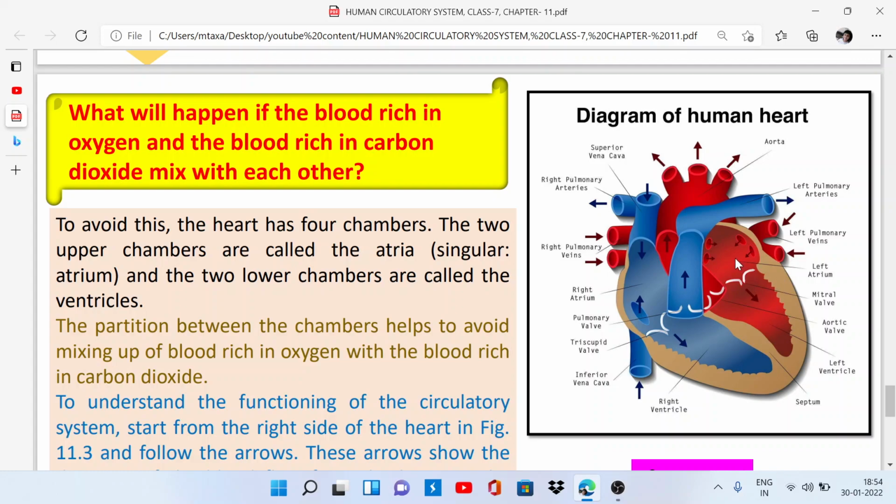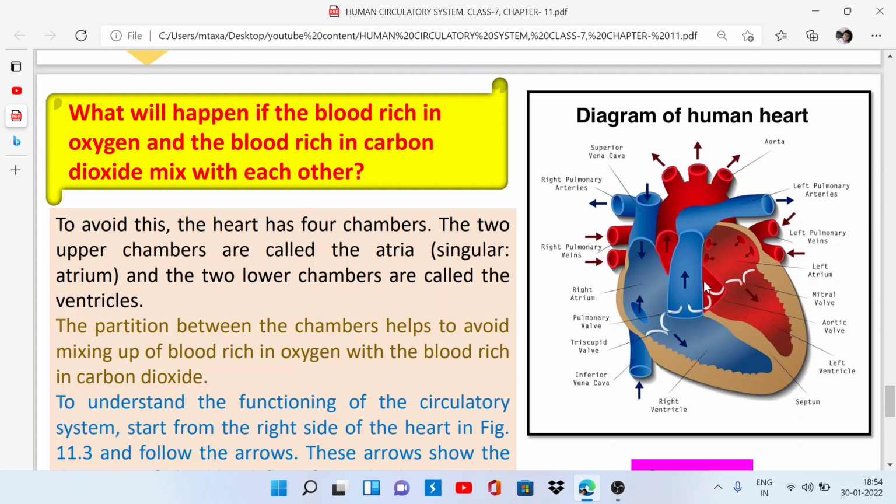Here the left atrium then contracts to transport the blood to this left ventricle. After that, the left atrium will relax and this left ventricle will contract to transport blood to the aorta to supply to different body parts.